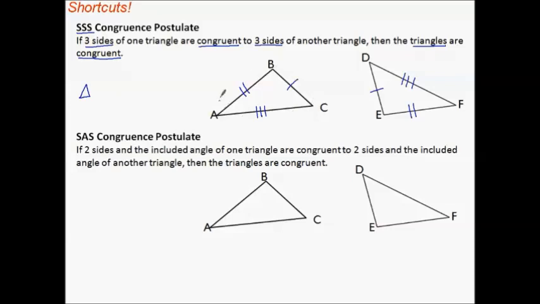Now, how do I want to write this first triangle? Maybe I go alphabetically. Triangle ABC is congruent to, but when I do the second triangle, I have to make sure I match corresponding parts. So if I went A, B, C, from A to B to C, I went here, and then I went here. I went over the double slash side, then over the single slash side.